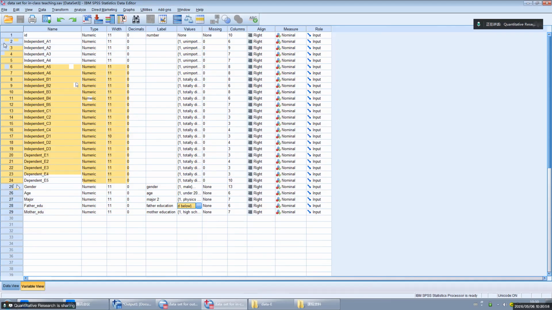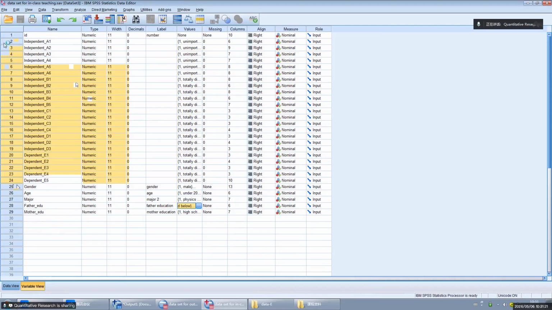For example, A represents motivation. So I want to examine whether there is a gender difference in motivation.